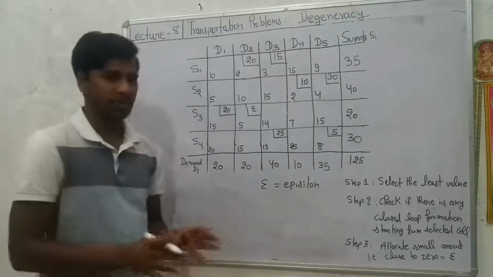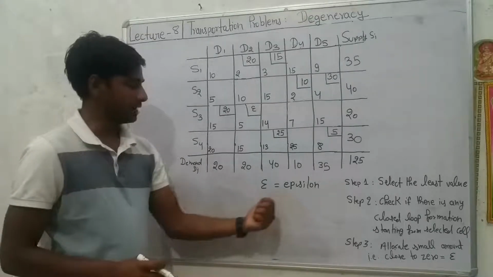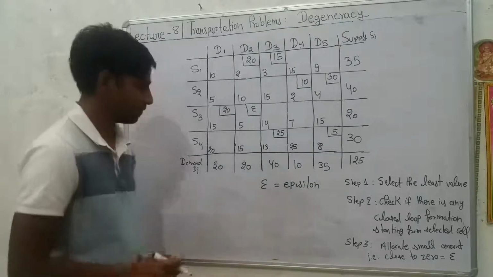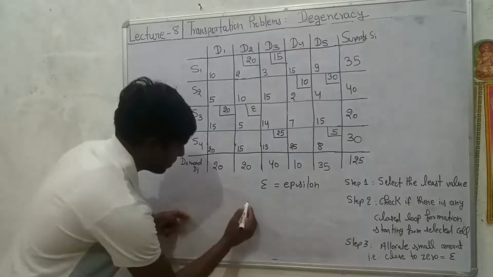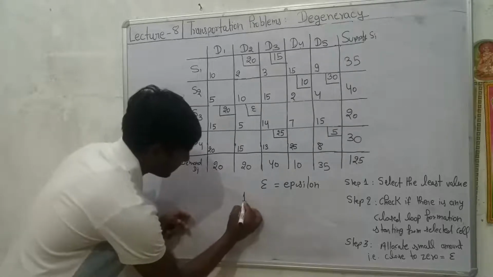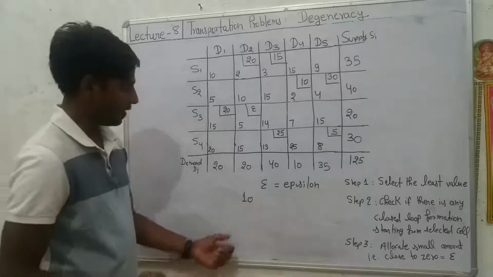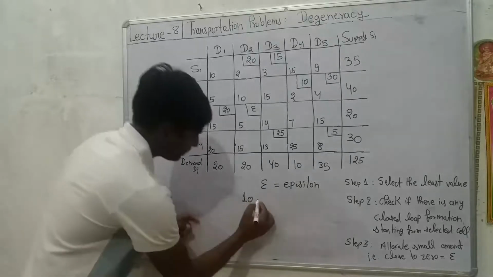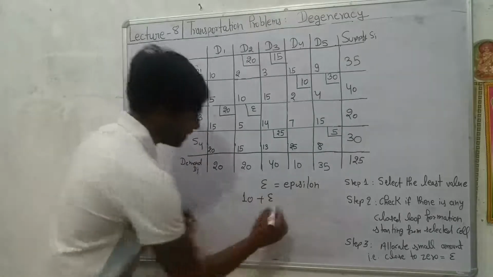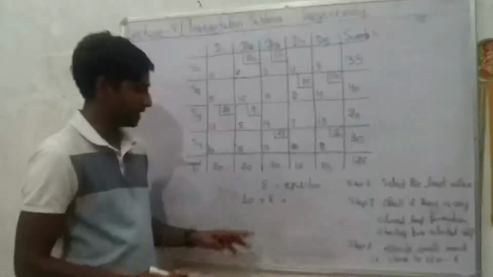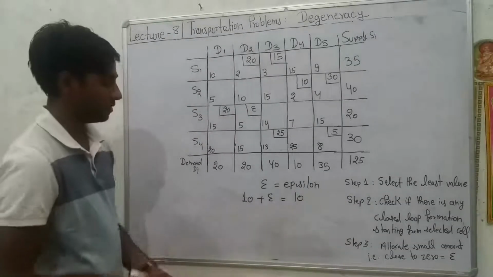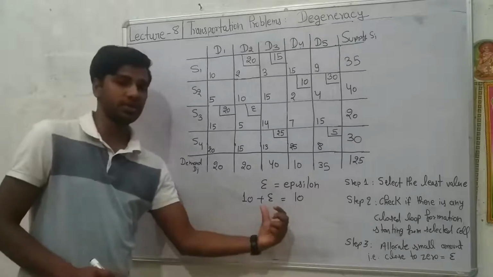If we look at some mathematical operations on this particular value, suppose there is any amount, like 10. If we add e to 10, e is so small that it does not affect 10. 10 plus e would be equal to 10, so this value is almost 0.